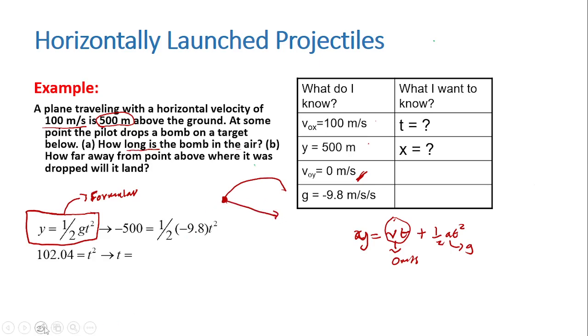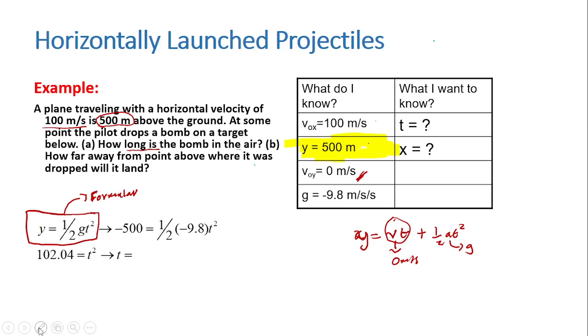In this case, you need to understand that the distance for the vertical component is the 500 which we were given. This 500 represents the distance in the y component.